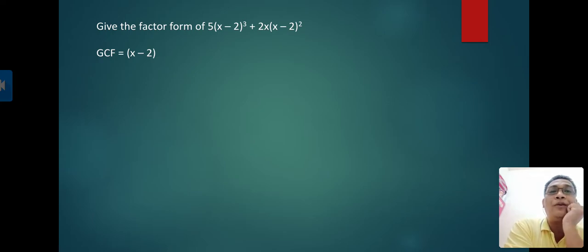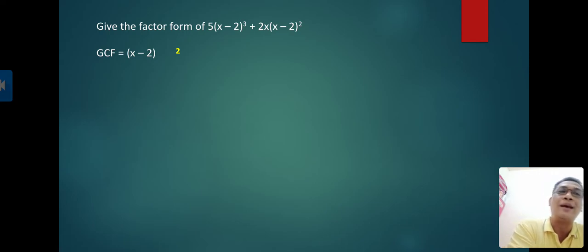But in order to get your GCF, we always consider the lowest degree of the term. We have a cube here and a square here, so the lowest degree will be the square. So the GCF will be (x - 2)^2.